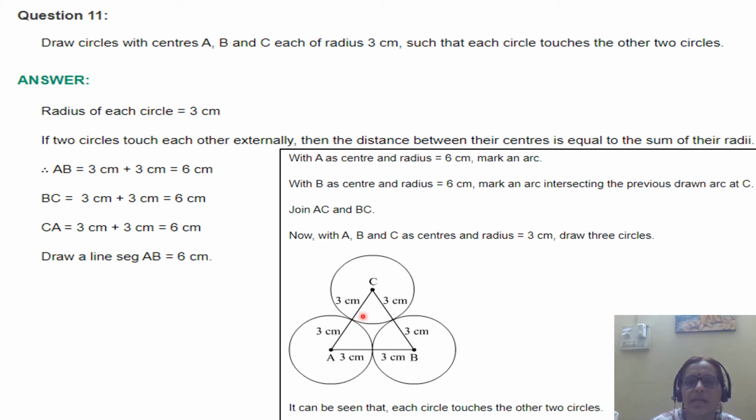Join AC and BC. Now with A, B and C as centers and radius 3 cm, draw 3 circles. It can be seen that each circle touches the other two circles.